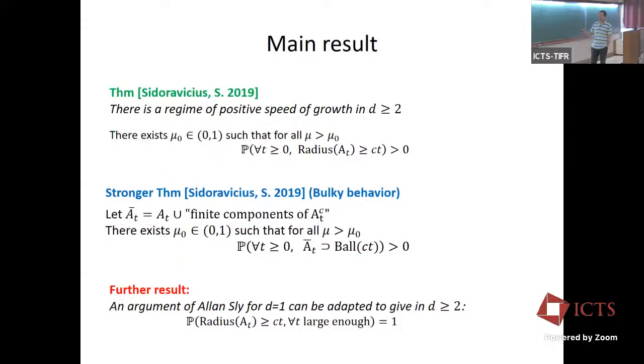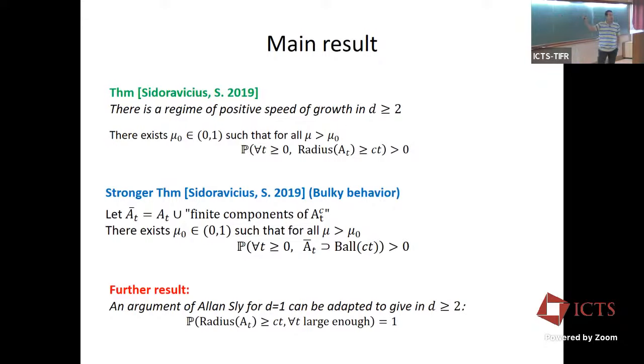In particular, it doesn't say that it's bulky or not. And also here, maybe I forgot to write, this is for mu large enough. So we know nothing about small values of mu, absolutely nothing. There is no single result about it. So that's all the literature. 2 papers, as I promised.